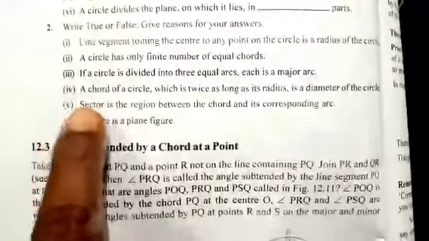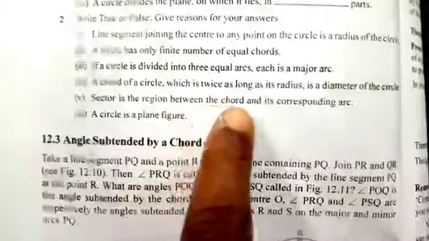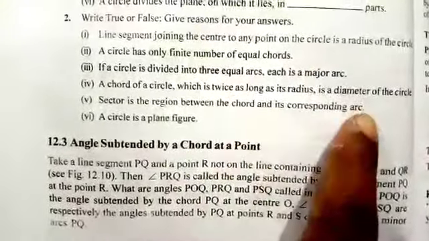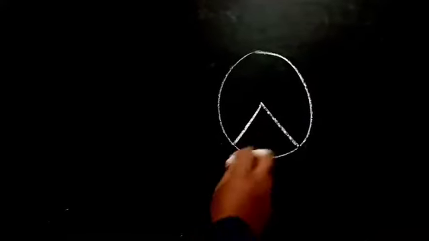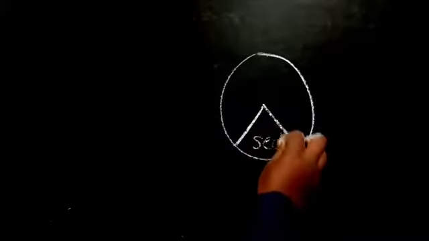Fifth one, a sector is the region between the chord and its corresponding arc. It is wrong, because a sector is a region bounded between two radii and an arc. This is called a sector. So it is false.